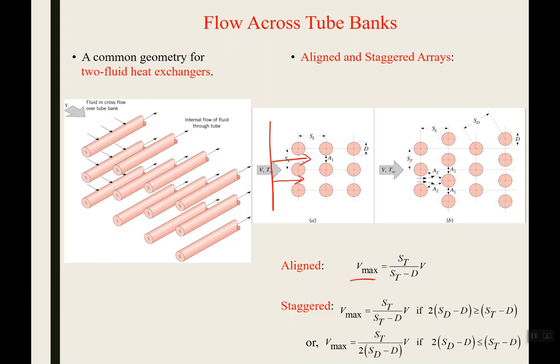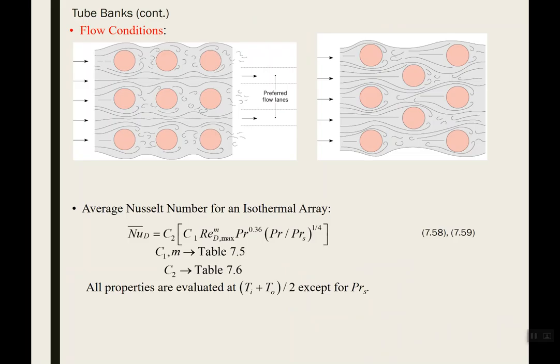So the cross-sectional area available for flow gets smaller, which means the local velocity going in between those tubes is going to be faster. These correlations will depend on the different spacings between the tubes, and this interstitial velocity, denoted here as V max. So here's the Nusselt number correlation. We get our average Nusselt number when we have an isothermal array of tube banks.